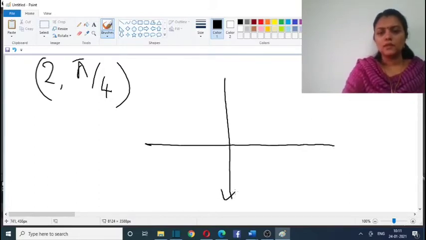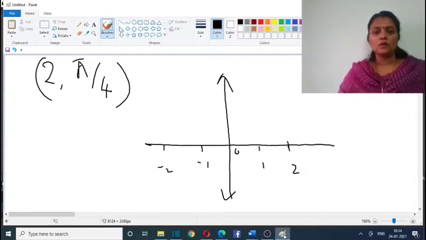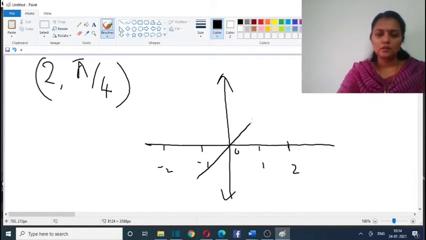This is the xy plane, with points 1, 2 here, minus 1, minus 2, and this is the origin 0. Here r is equal to 2 and theta equal to pi by 4. This is the ray theta equal to pi by 4.